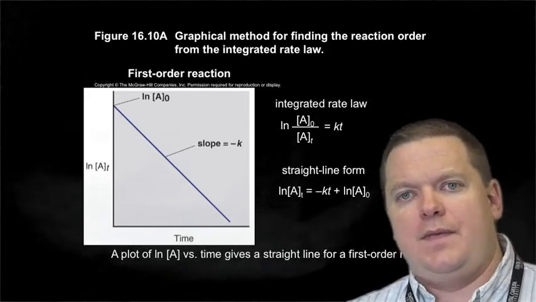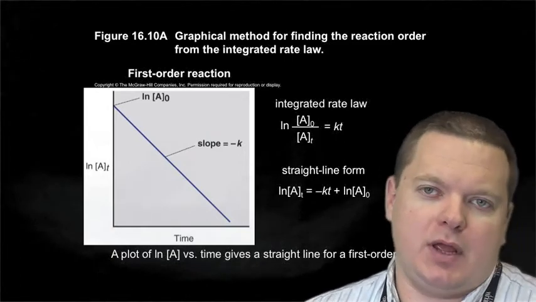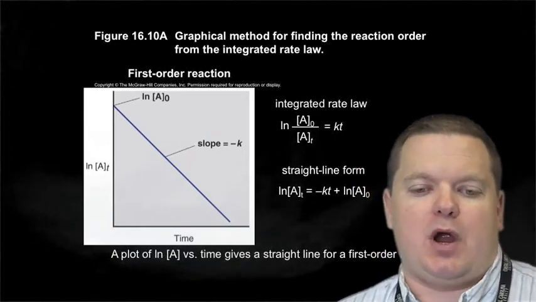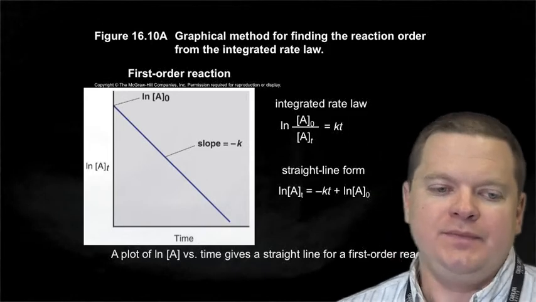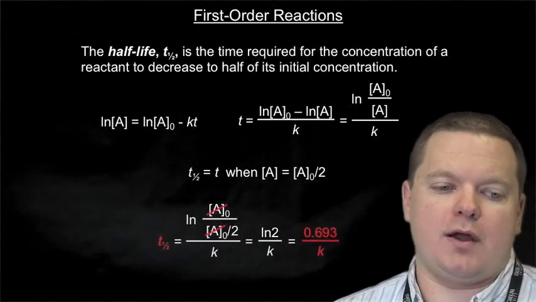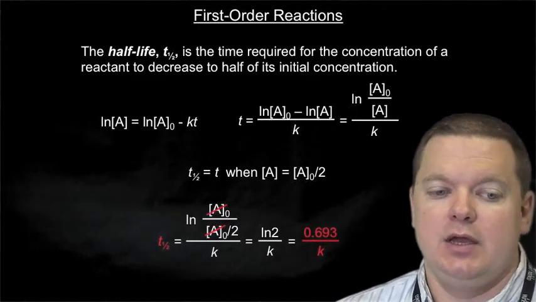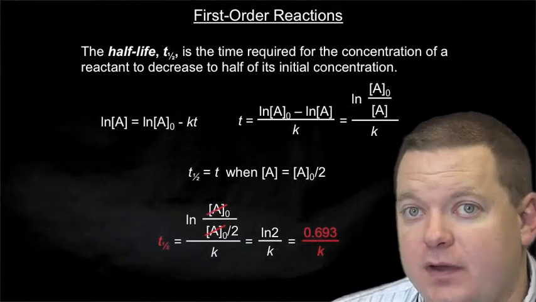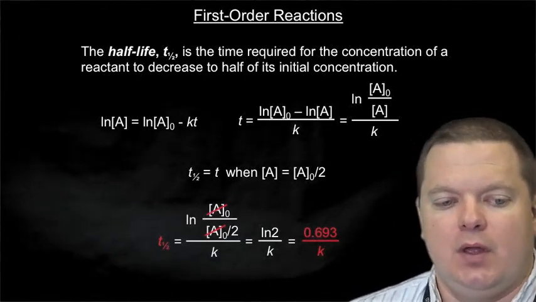This also gives us a property we've referred to as half-life. Half-life is the time required for the concentration of the reactant to decrease to half of its initial concentration.